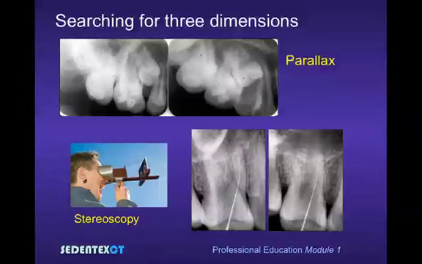One of the challenges that we face in conventional two-dimensional radiography is interpreting what is really a three-dimensional object. To try and overcome this, dentists have used parallax techniques, using two radiographs taken at slightly different angles. While this is an established method, it still doesn't quite give us the three-dimensionality that we would love to have.